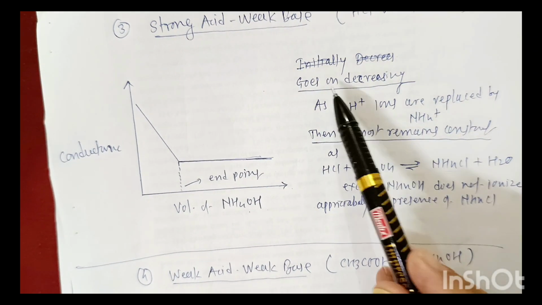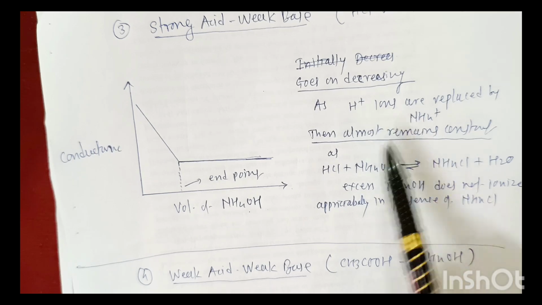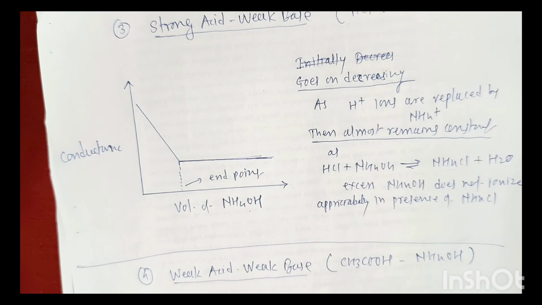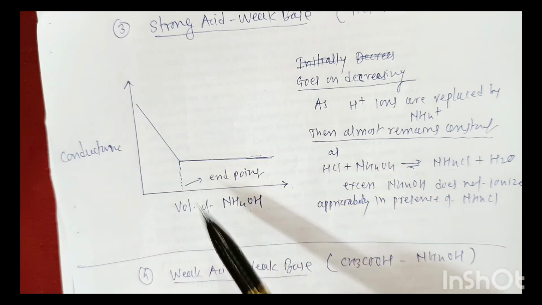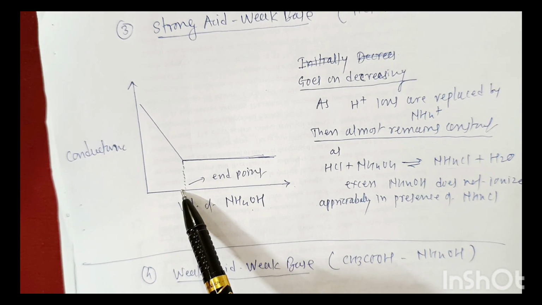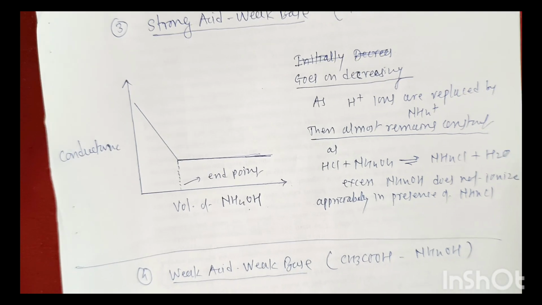Why is it so? At first it goes on decreasing because H+ ions are replaced by NH4+ ions, therefore there is a decrease in conductance. After the equivalence point is reached, what will happen?